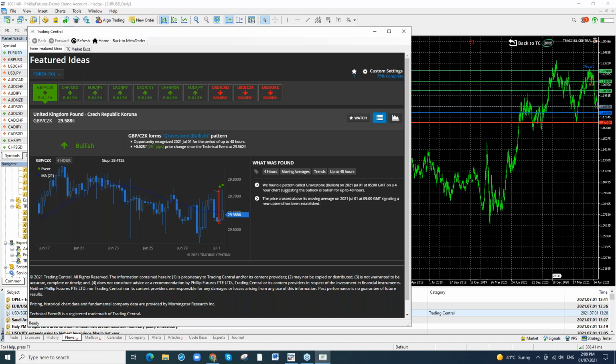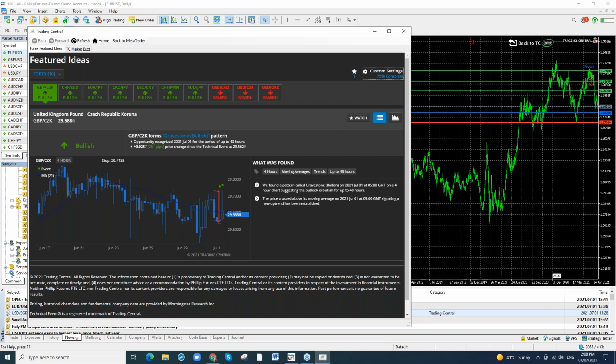And for the featured ideas, what is excellent for you is that if you are intraday traders and you are looking for some idea what to trade, you can just come here, and based on your criteria that you can set up here in the custom settings, you get 10 bullish and bearish ideas on different currency pairs. So if you are just looking for some tips, this will give you some direction.